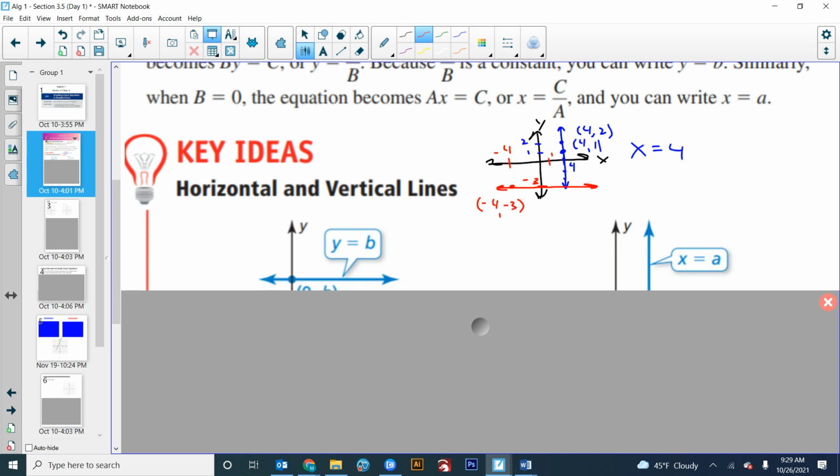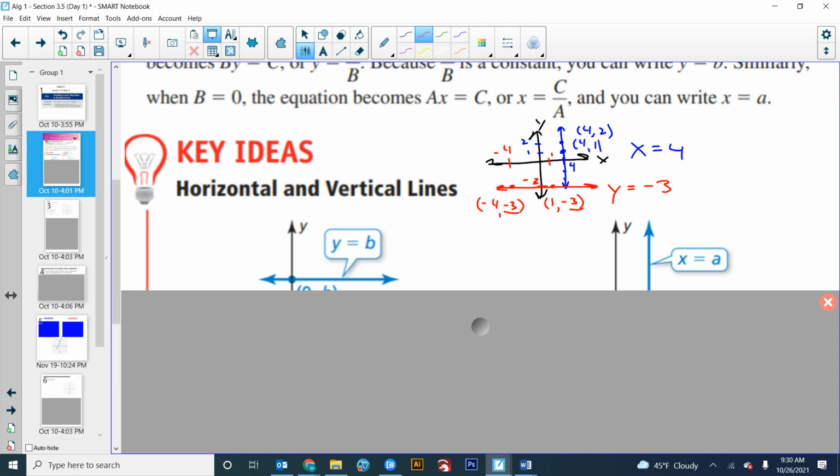What about here over at 1? 1 comma -3, 2 comma -3, 5 comma -3, 10 comma -3, a million comma -3. What's common about all these points? The y value. y equals -3.